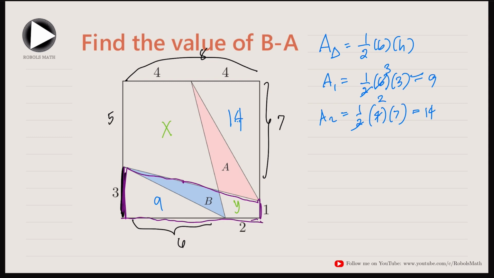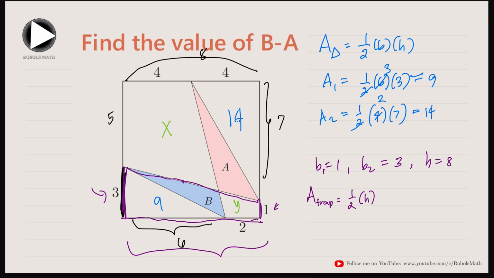This is a trapezoid with base 1 equal to 1, and base 2 equal to 3. And then the height of that would be this entirety here, which is 8. Now remember that the area for a trapezoid is equal to 1/2 times height times base 1 plus base 2.